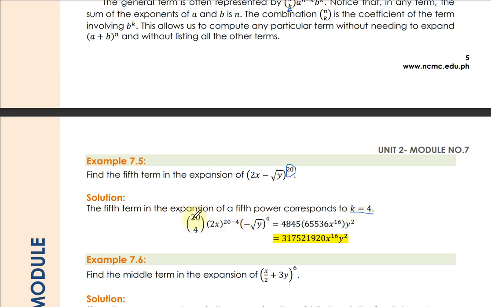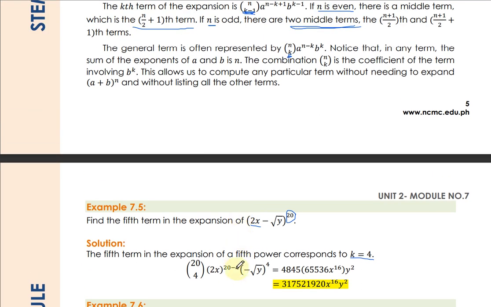So we have 20 choose 4 times our a, which is 2x, raised to the power of n minus k, which is 16, multiplied by our b, which is negative square root of y, raised to the power of k, which is equal to 4.